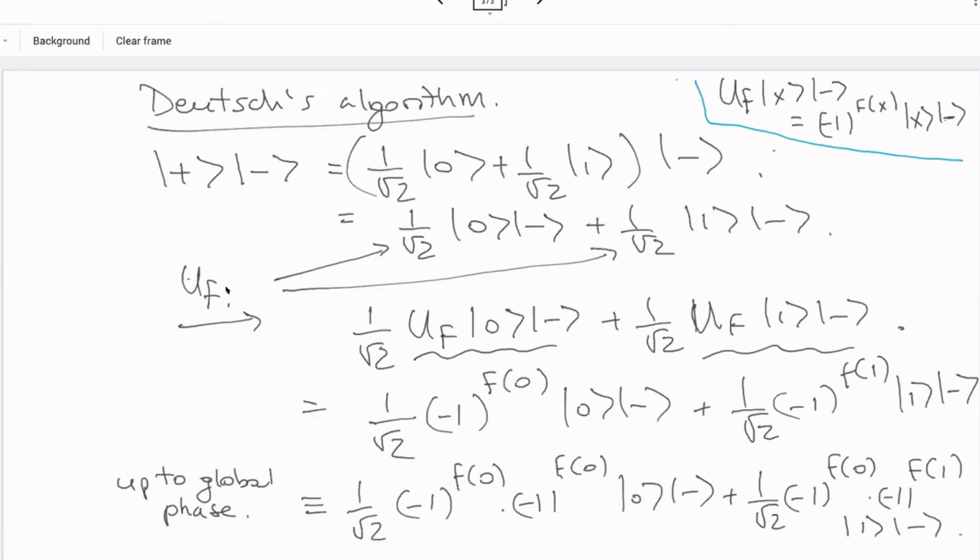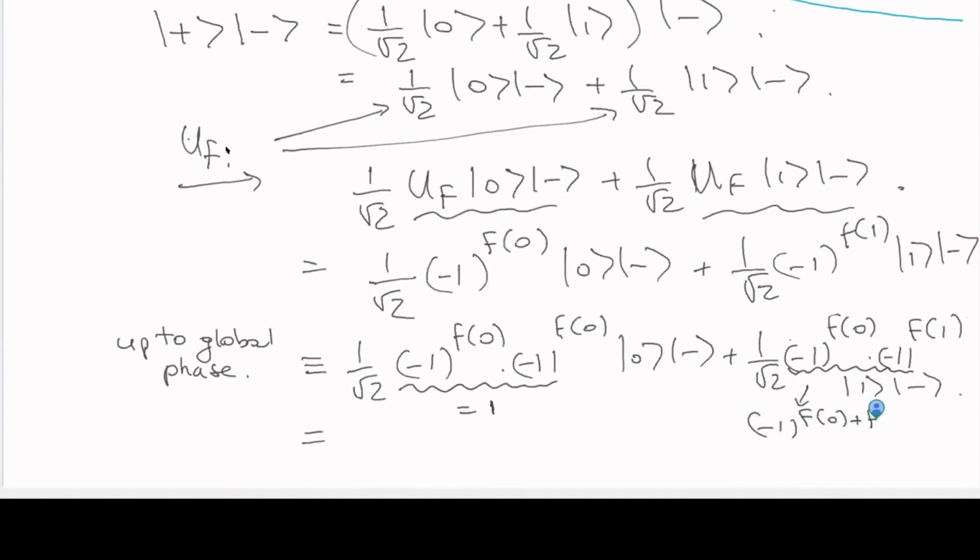Okay, and this quantity here, you should be able to realize that it's equal to 1, right? It's either -1 times -1 or +1 times +1. It's equal to 1. And this other quantity here is -1 to the f of 0 plus f of 1.